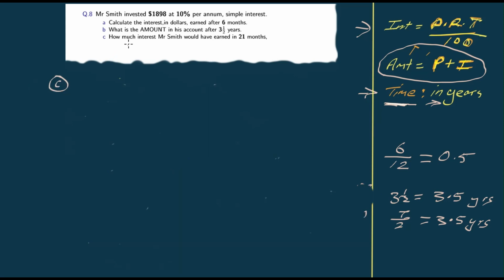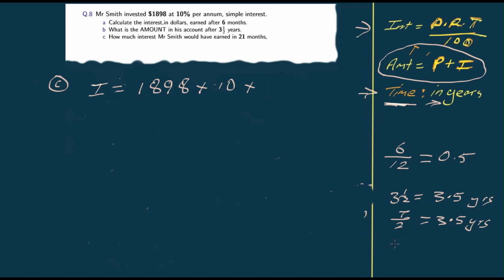They ask us now how much interest Mr. Smith would have earned in 21 months. So again, interest equals principal. The principal is 1898 multiplied by the rate of 10% multiplied by 21 months. But remember, we cannot use months. We have to use years.